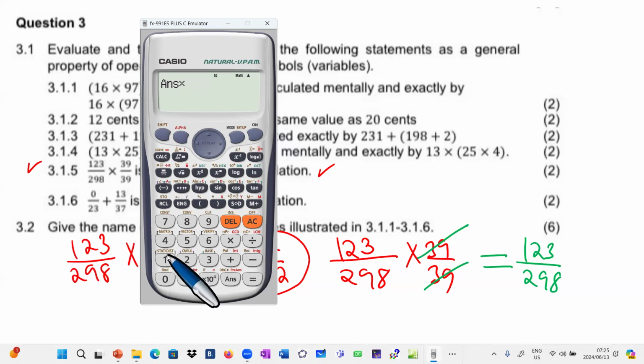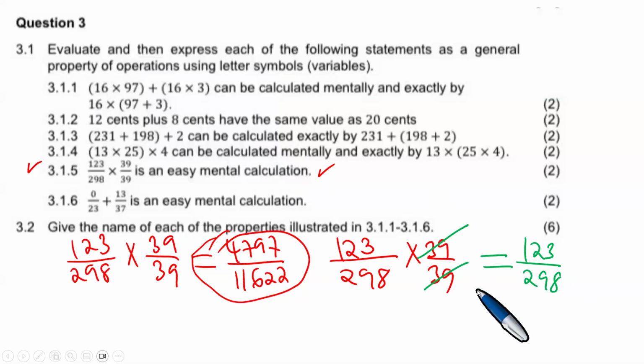You can multiply by 1. Because it's remaining the same, it means there's no simplification here. The only thing is you can express it by pressing the SD button. Because it is a proper fraction, you can write it as a decimal fraction, but we don't want decimals, so we're good.